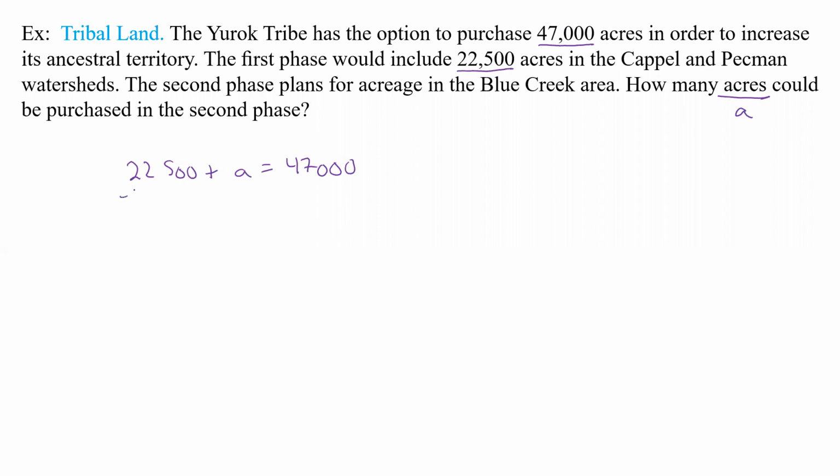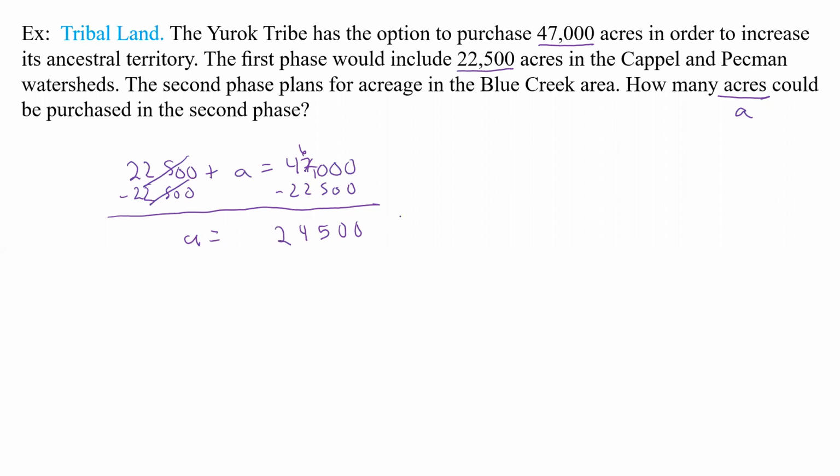So what we have to do is subtract 22,500 from both sides. And again, that cancels, so we get A equals. Now we have 0 minus 0 is 0, 0 minus 0 is 0. Now we have to borrow. That's going to become a 6. This is 10, so 10 minus 5 is 5. 6 minus 2 is 4. 4 minus 2 is 2.